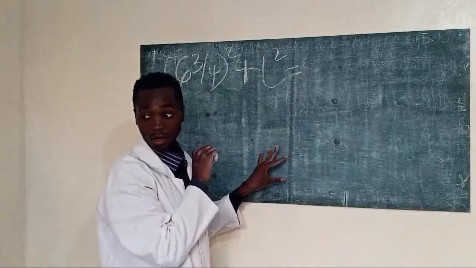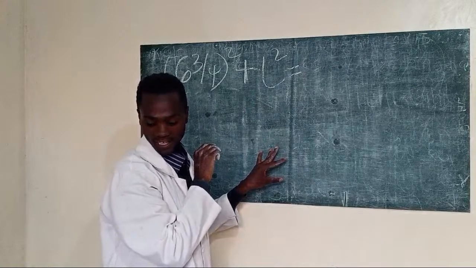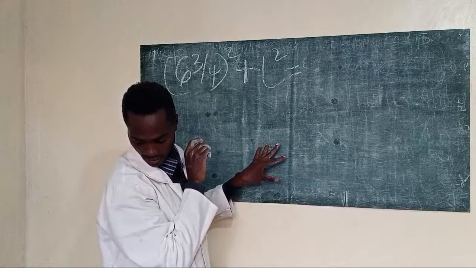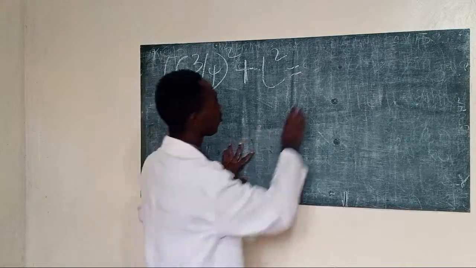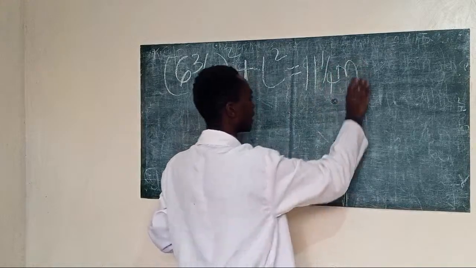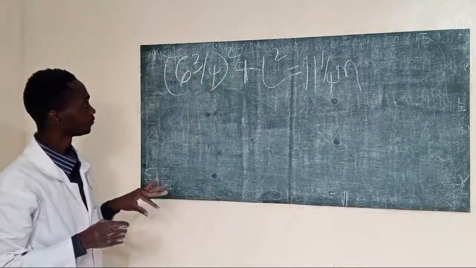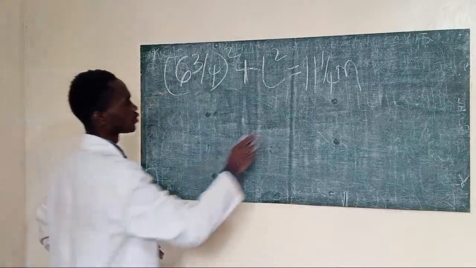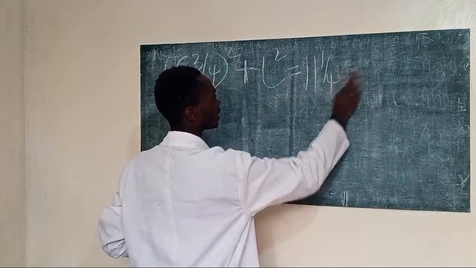Do you know the diagonal? Yes. The diagonal is 11 whole 1 all over 4 meters, isn't it? Everything is in meters, so there is no need to write meters.